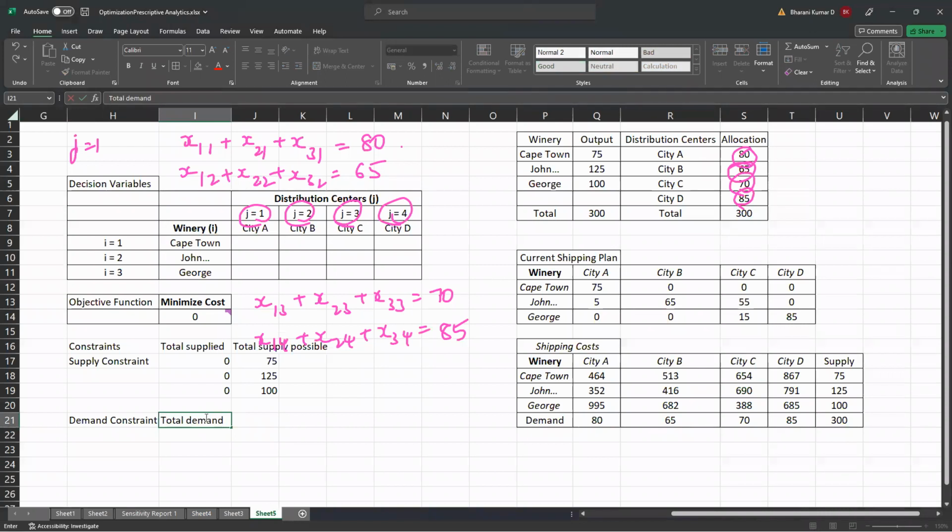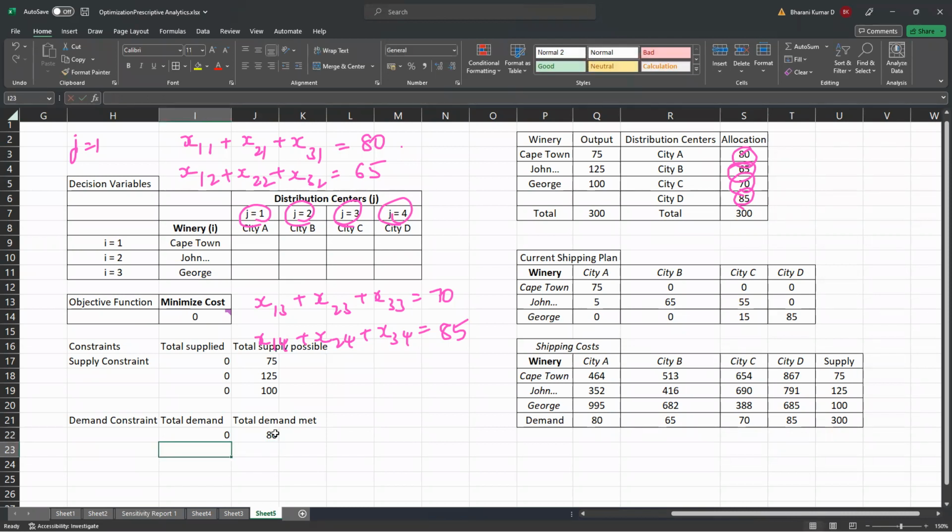Total demand and total demand met. Okay. So you again do the same thing. Summation of all these three to city A would be equivalent to 80.